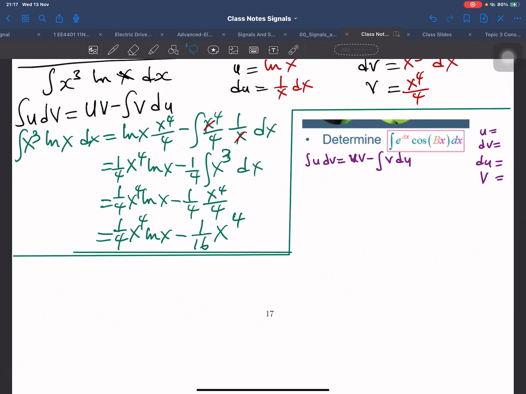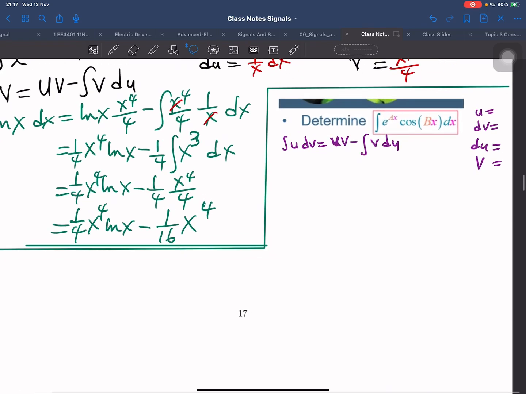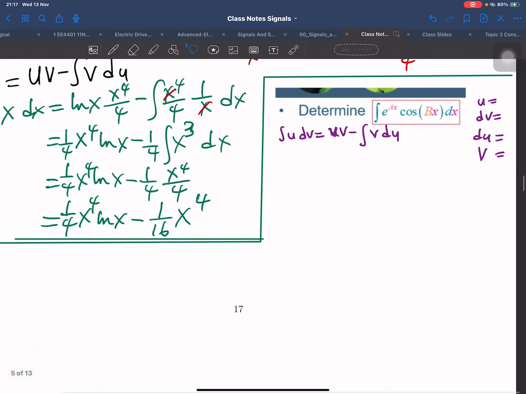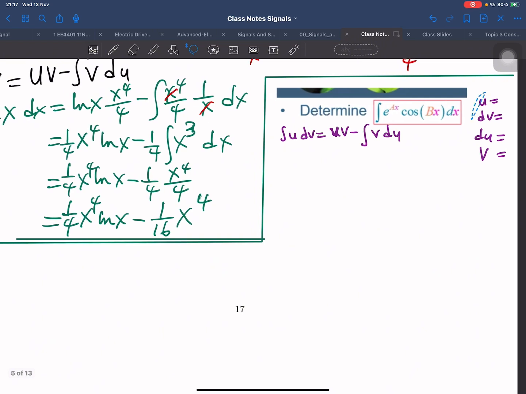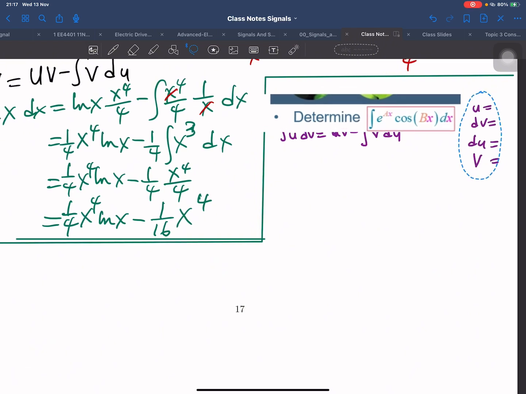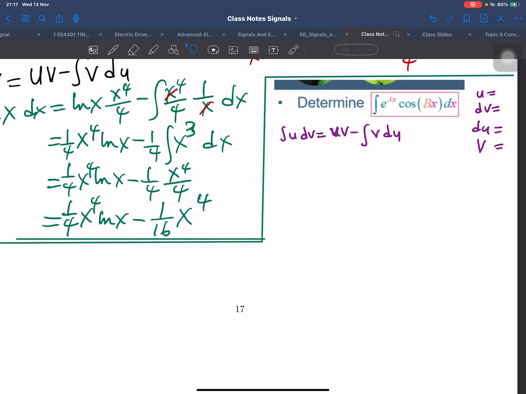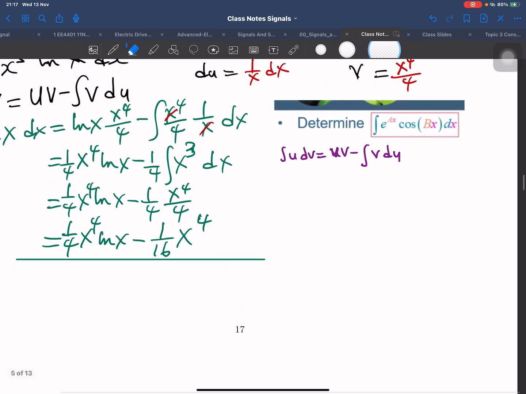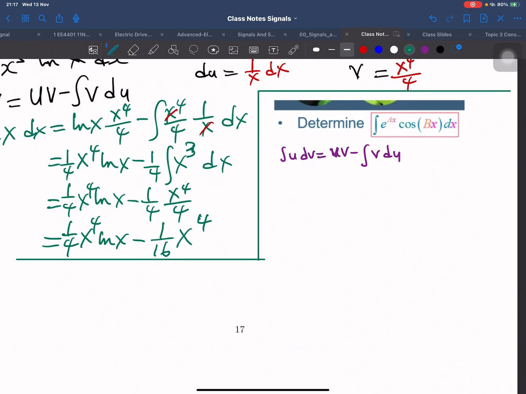Now, being given this question, find what is our u and so on.